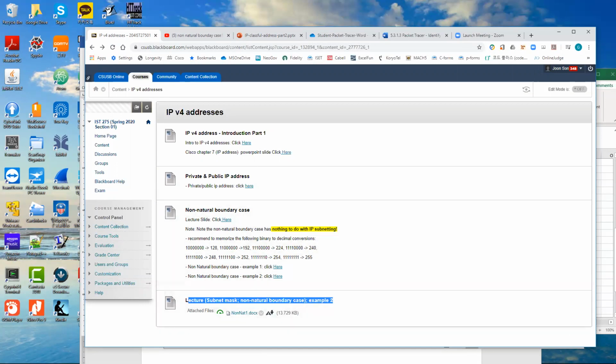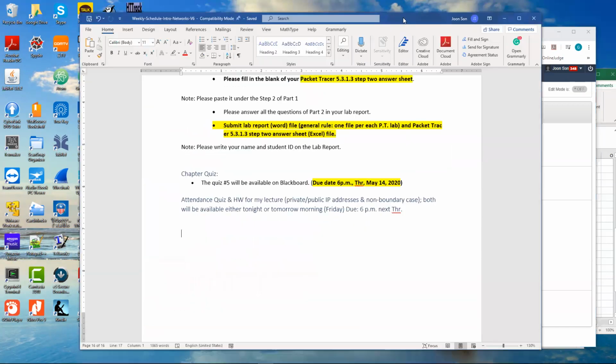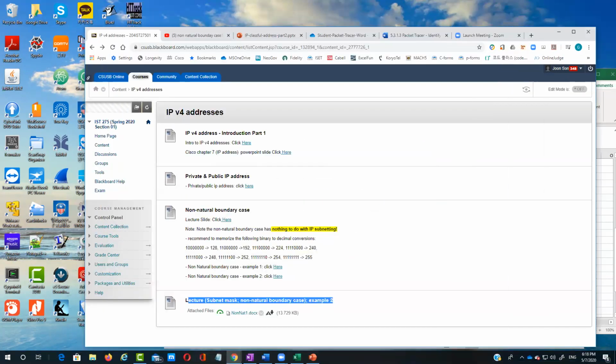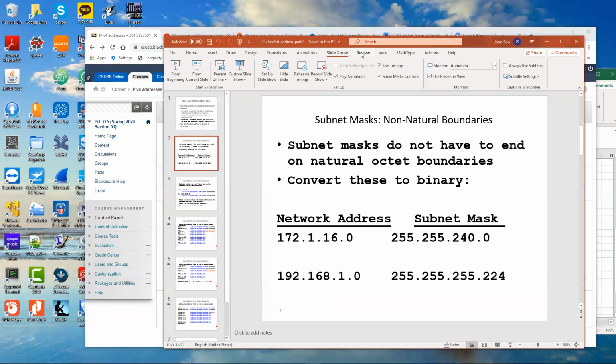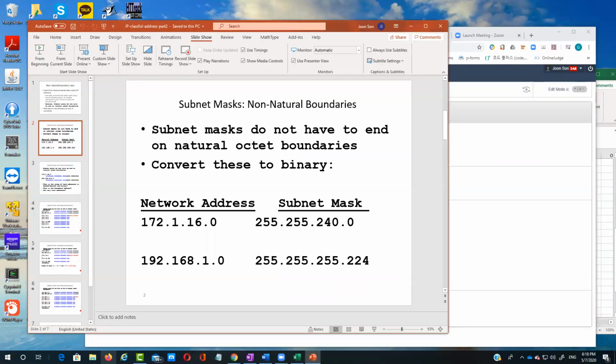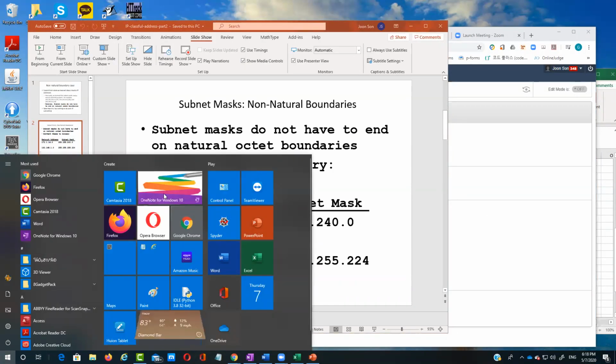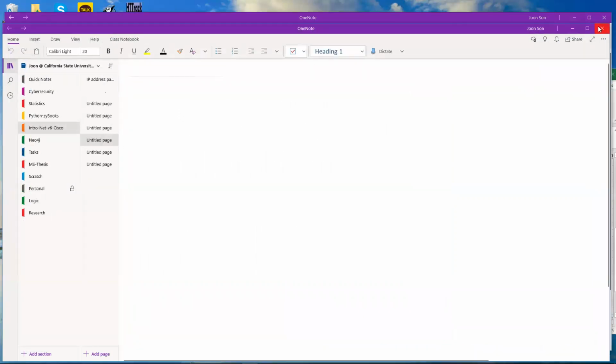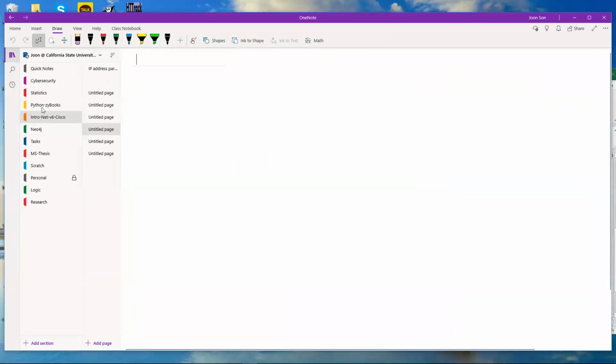Let's just first, okay. It's a network. Okay, good. Okay, so these are non-natural boundary cases, right?